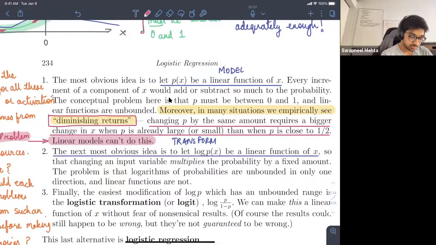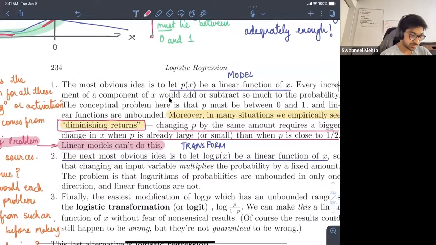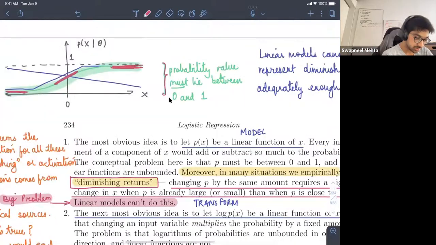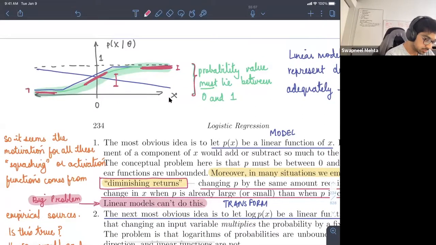The idea is that changing p by the same amount requires a bigger change in x when p is already large. So p is changing only by this much here, whereas here p is changing by this much. When p is already large, it's harder to change p, and you need more of a change in x. That's this idea of diminishing returns.